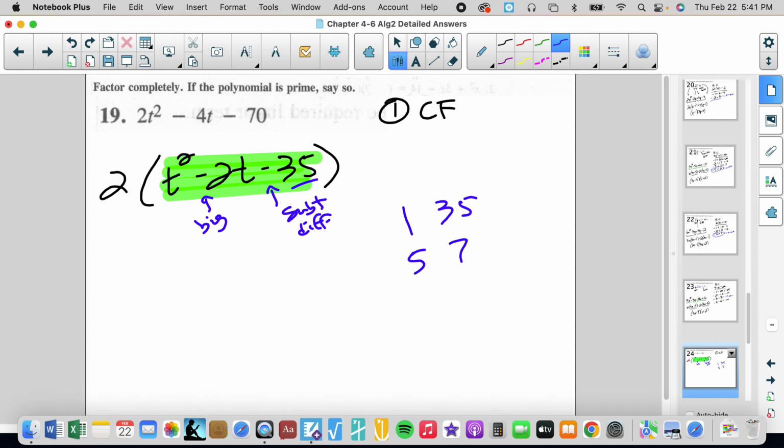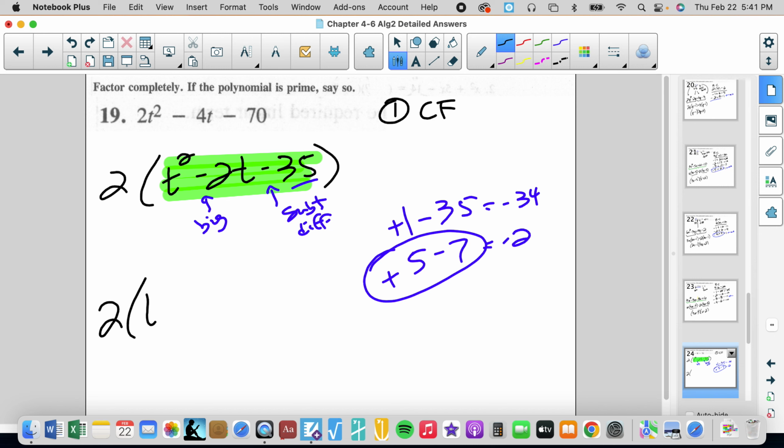That's it. Signs are different. Bigger is negative. We get negative 2. Because a is 1, we can just take those two factors. We don't have to do factor by grouping. So t plus 5, t minus 7, and I'm done. Just don't forget about that first term, the 2 that you factored out.